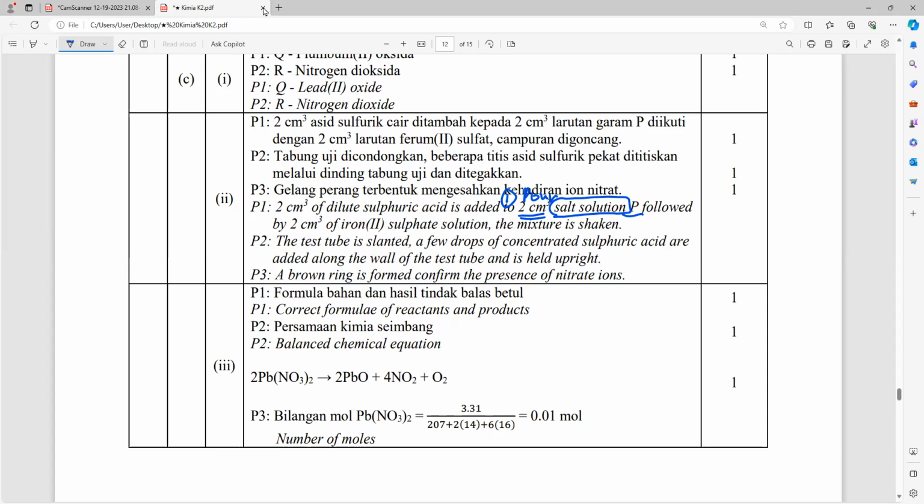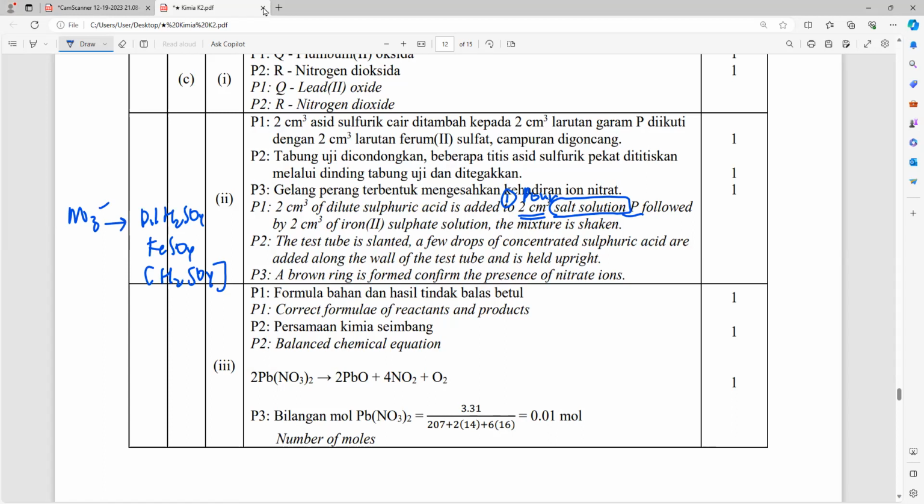Then my second mark. Remember when you are doing a nitrate salt, if you remember, whose face was it? Aaron's face. For a nitrate salt, you're going to use Aaron's phase. You're going to use dilute sulfuric acid, you're going to use iron 2 sulfate, and you're going to use concentrated sulfuric acid.